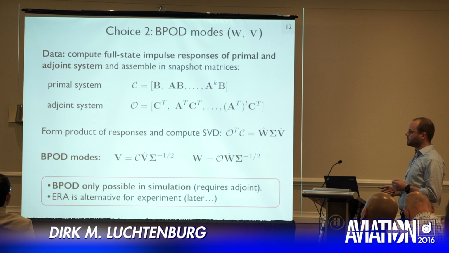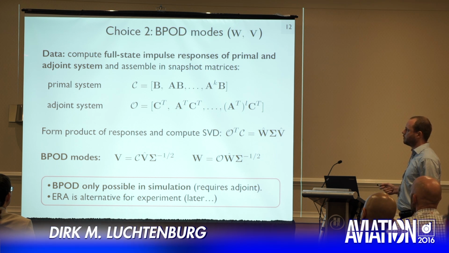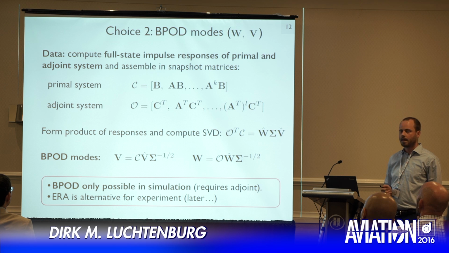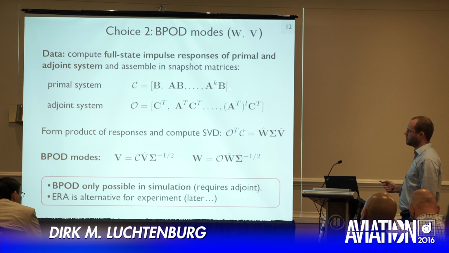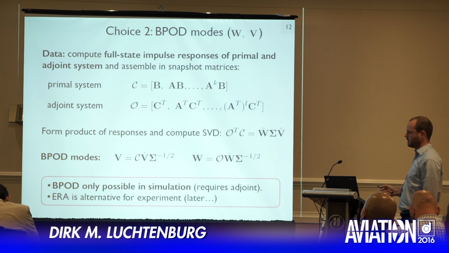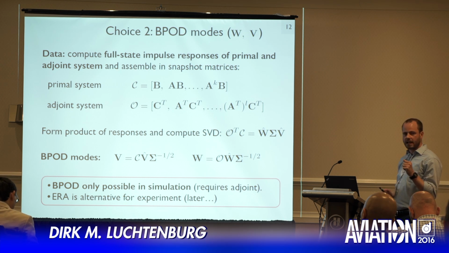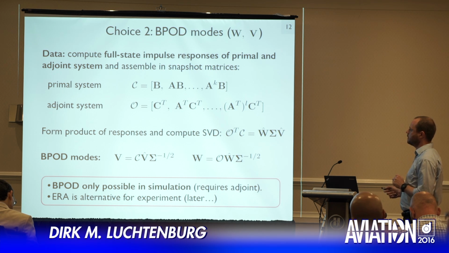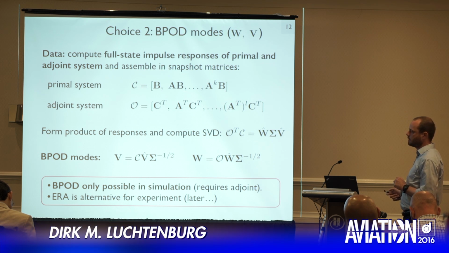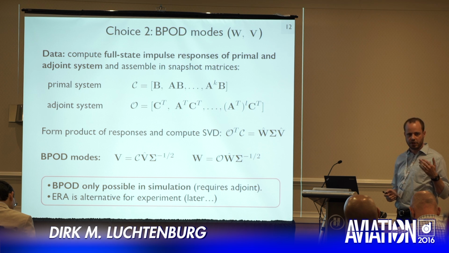So in order to approximate these gramians, you have to run a simulation. What you do is you first compute the impulse response of the primal system. So for our first equation, this is just the impulse response. You take your actuator, you give it an impulse, and then you look at the signal till it dies out, and you gather all that data in what we call a data matrix. And now you do the same thing, but for the adjoint system.